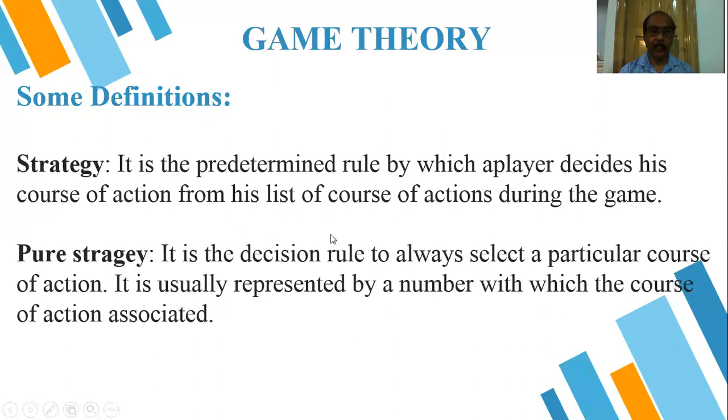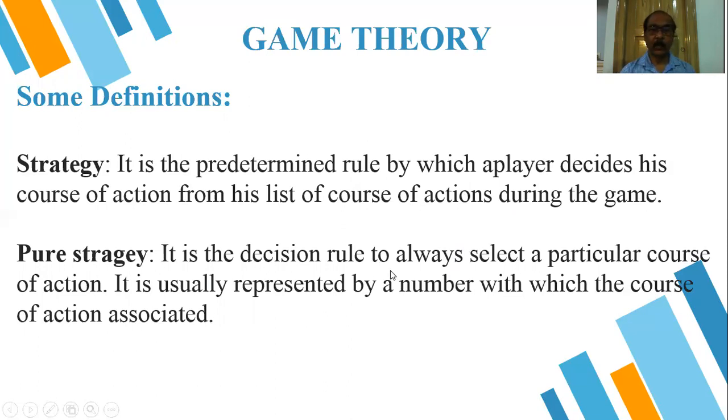And we learn next the mixed strategy. Pure strategy is the decision rule to always select a particular course of action when the player is playing. Courses of action may be 1, 2, 3 or 4, but when the player sticks to a particular course of action, then it is a pure strategy.